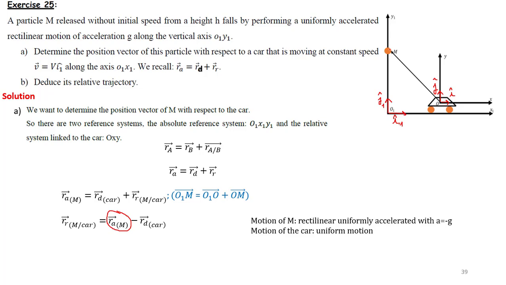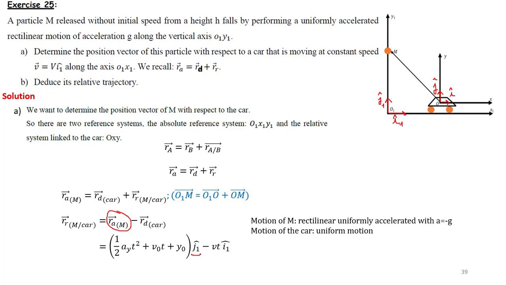So M is making a uniformly accelerated rectilinear motion. We have a constant acceleration, so we can get the position vector. The position vector of point M as observed by O1 is just Y1, so it's along J1.